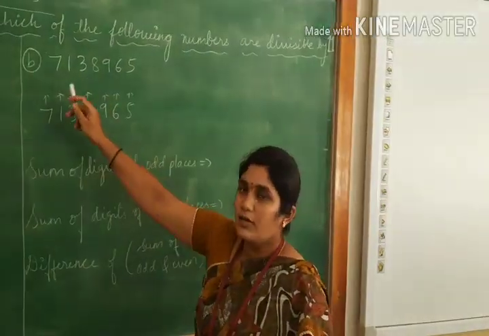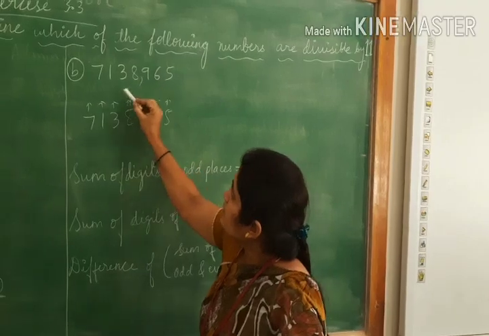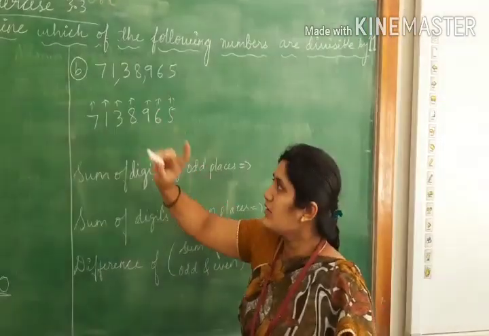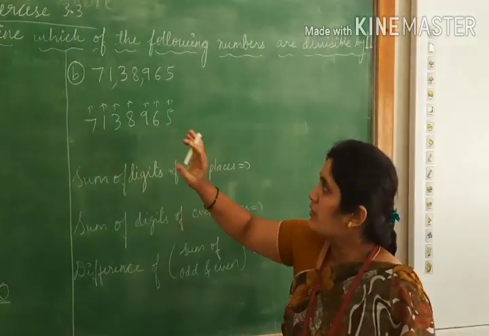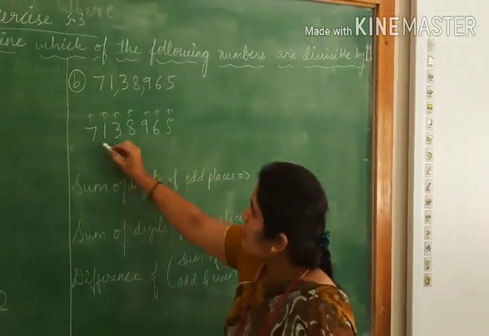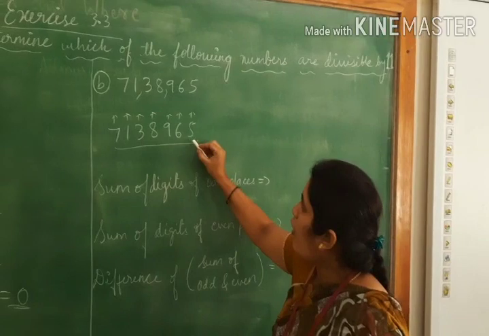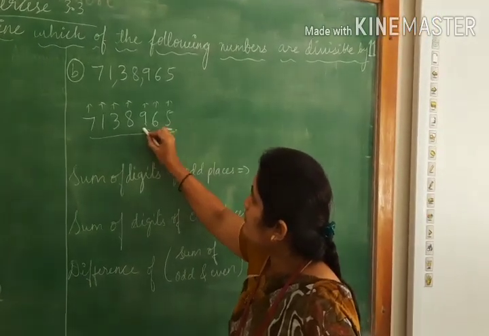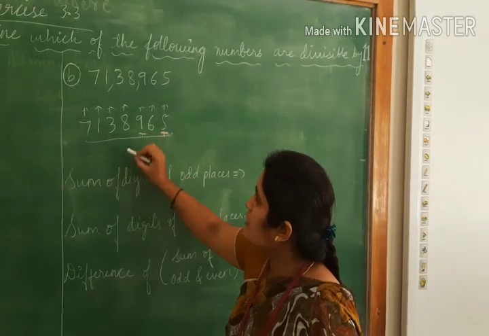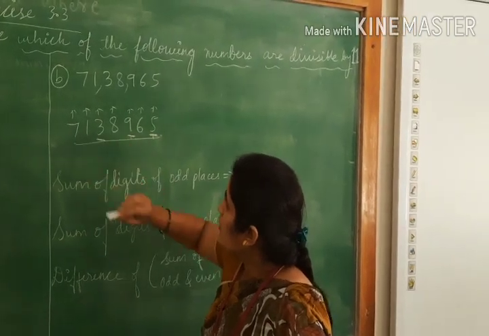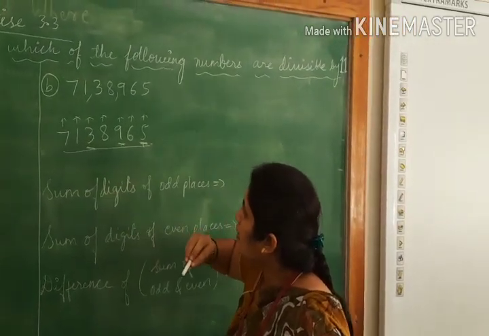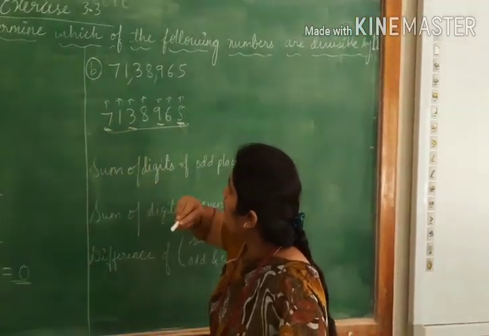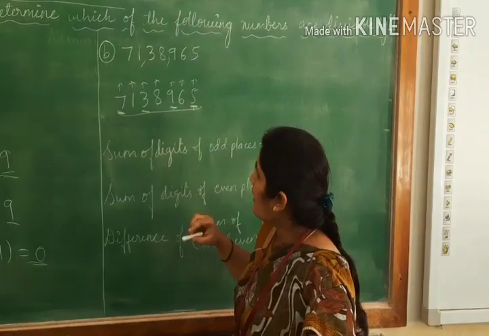Let me continue with the next problem. 71,38,965 is the given number. Now let us consider the number first, then the odd places: first place, ones place; third place, hundreds place; fifth place, 10,000s place; and seventh place, 10 lakhs place.